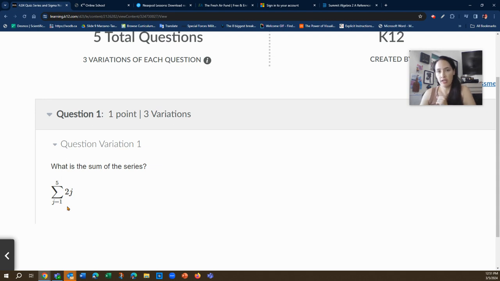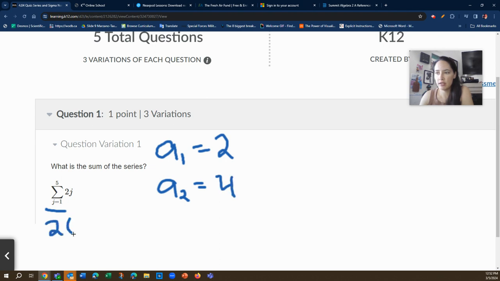The relationship between a series and a sequence is, let's go back. Remember how we did j is 1 and starting at 2j? It's the same thing like this. If we do our sequence, a sub 1 would be 2 times j, which is 2. A sub 2 is equal to 2 times 2, because that's j, which is 4, right?